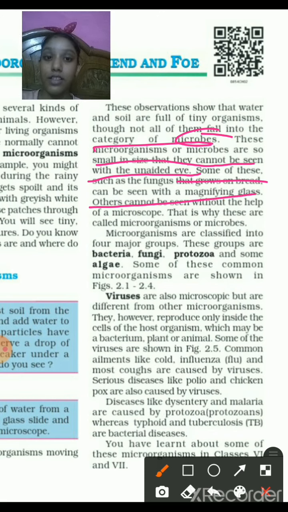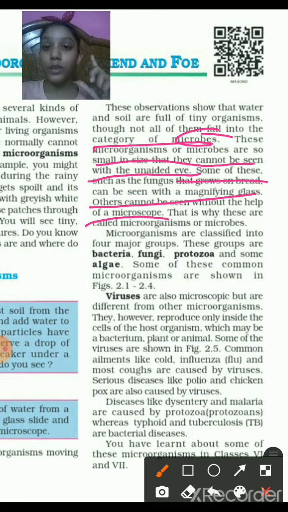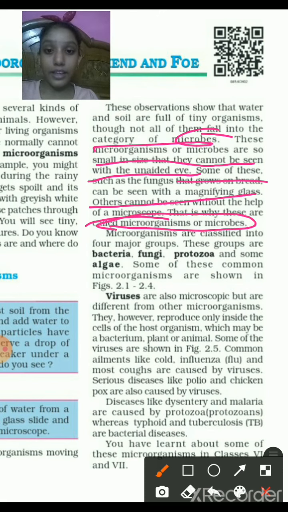Others cannot be seen without the help of a microscope. So the fungus that grows on the piece of bread can be seen by our naked eyes, but other microorganisms we cannot see with the help of a magnifying glass. We can just see them with the help of a microscope. That is why these are called the microorganisms or microbes.